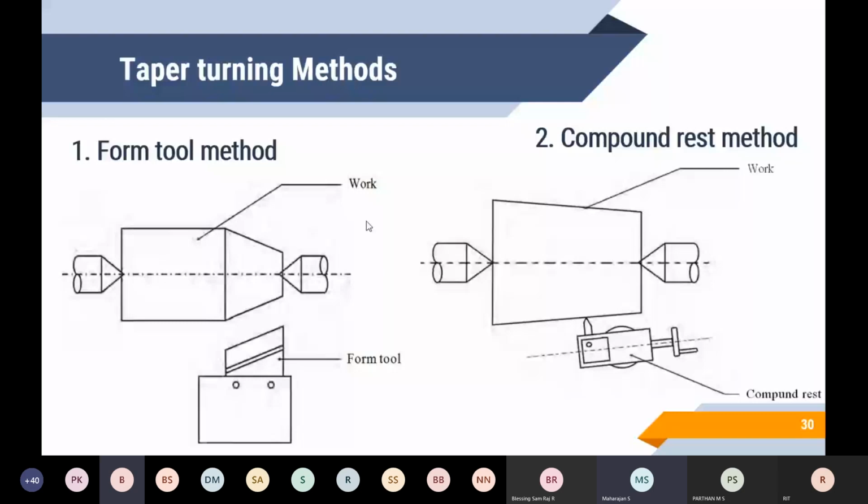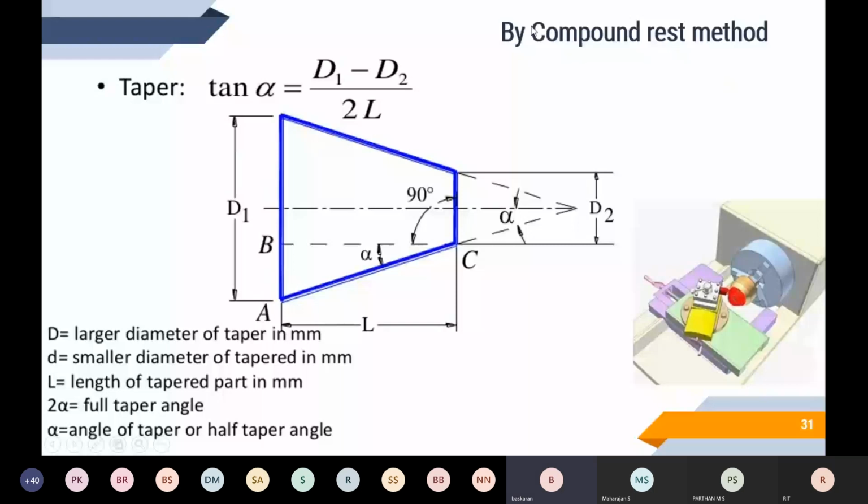The taper length is also considered. Another technique is the compound rest, which is commonly used on the lathe machine. It has a circular base scaled in degrees, which may be swiveled and clamped at any desired angle. The angle of taper is calculated using a formula: tan alpha equals (D1 minus D2) divided by 2L.